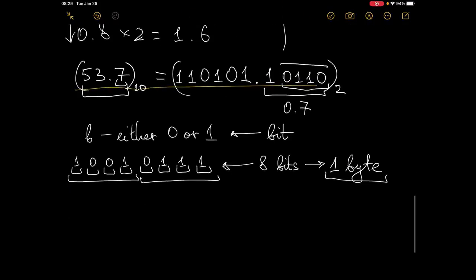Altogether, probably you have heard that the amount of memory in your cell phone is computed in gigabytes, right? So this is essentially, not exactly, but almost.